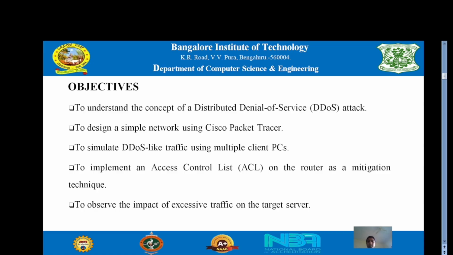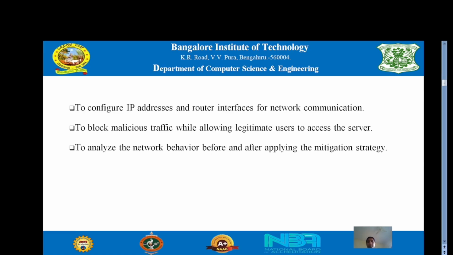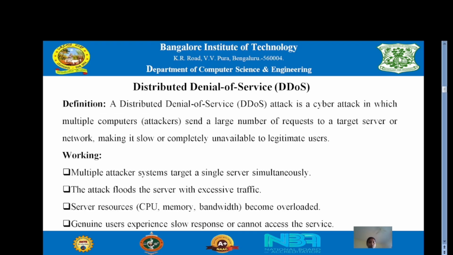These objectives help us understand attack and defense mechanisms. The remaining objectives are to configure IP addresses correctly, allow communication between networks, block attackers' traffic, allow legitimate users to continue accessing the server, and compare the network behavior before and after applying ACL.